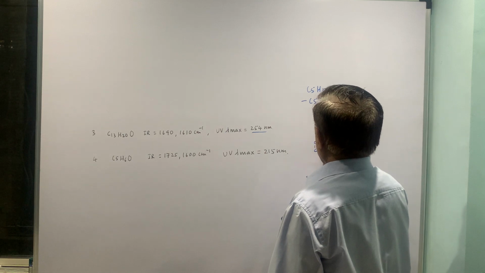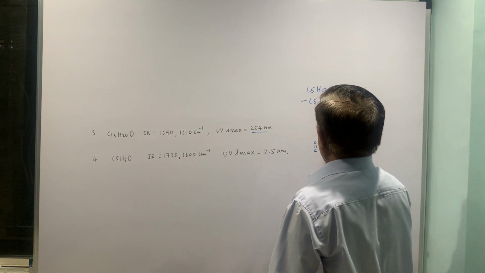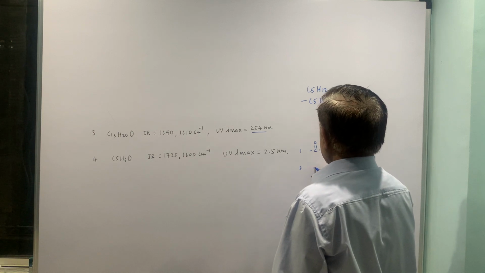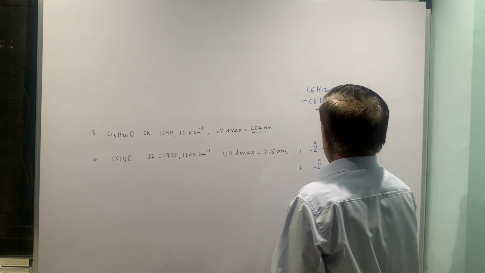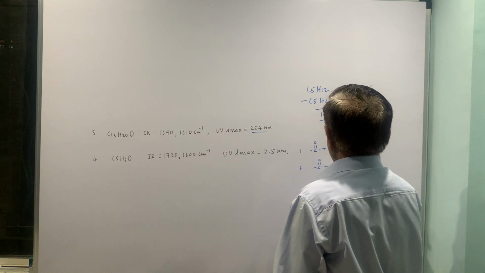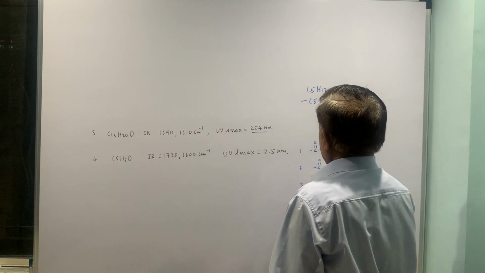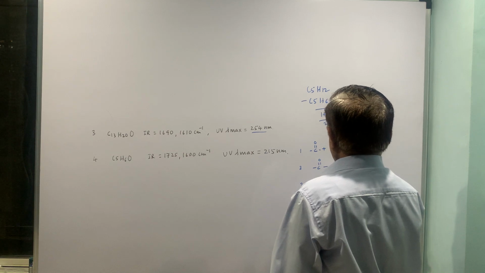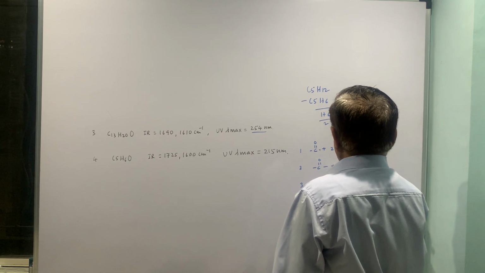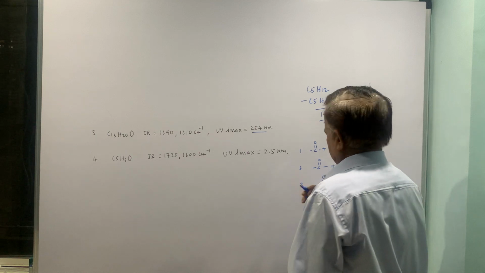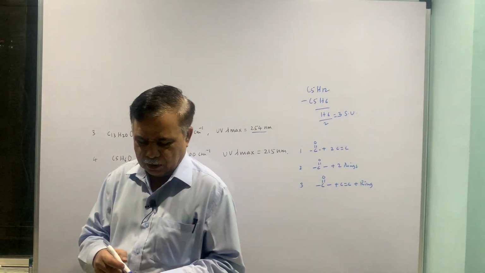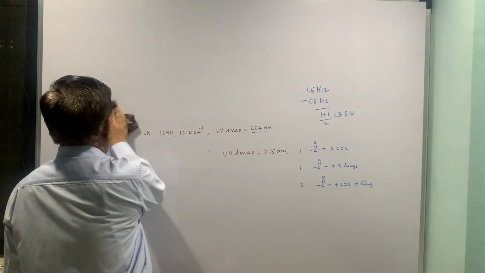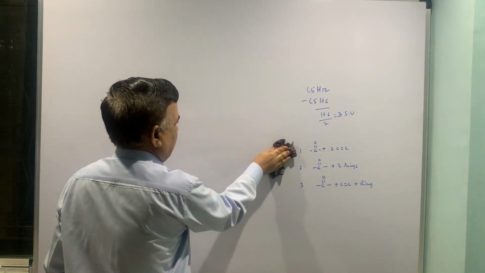Carbonyl, 2 carbon-carbon double bonds, this is first possibility. Second is carbonyl plus 2 rings, that is second possibility. Third is carbonyl, 1 double bond and an alicyclic ring. So we'll work out on all these 3 possibilities, and then only one can match the requirement.